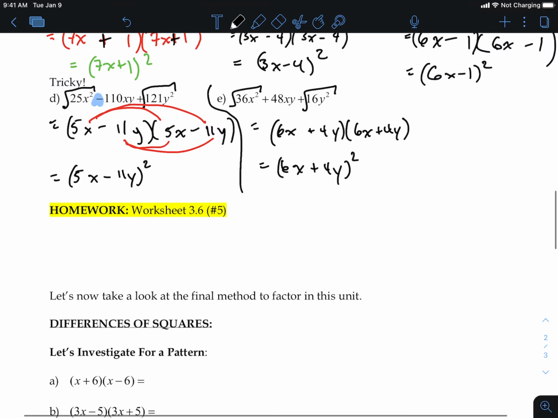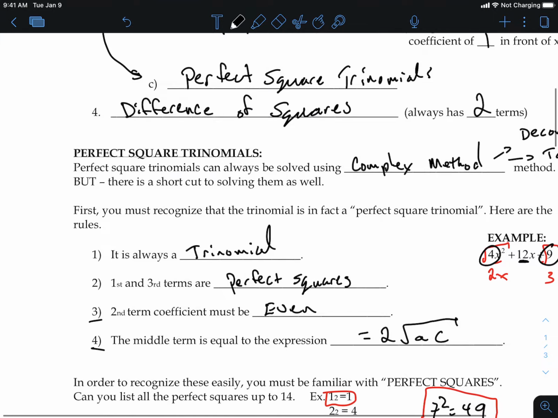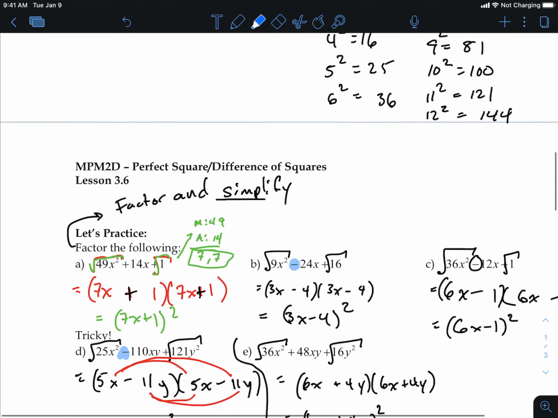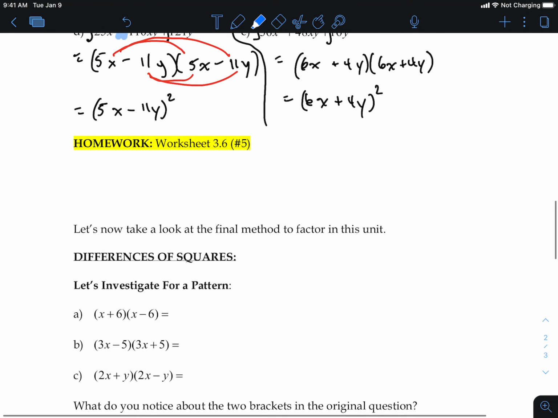Now, just as a spoiler alert, if you look up here at what we wrote with the difference of squares, how many terms was a difference of squares supposed to have? 2. How many terms would you normally expect to get from doing this work? 3 after you've simplified, right?